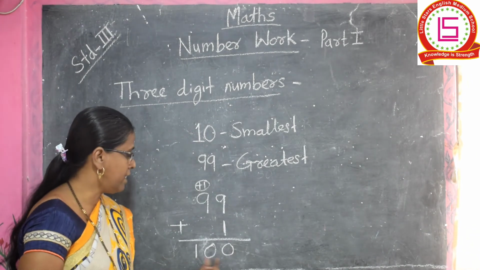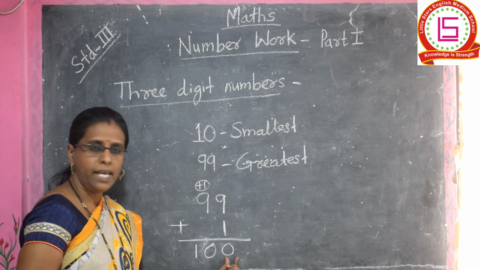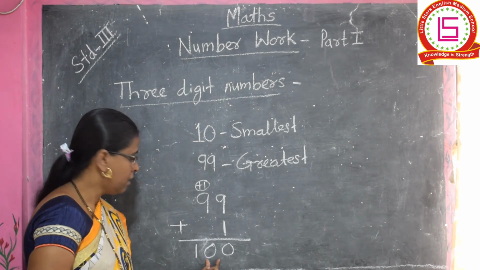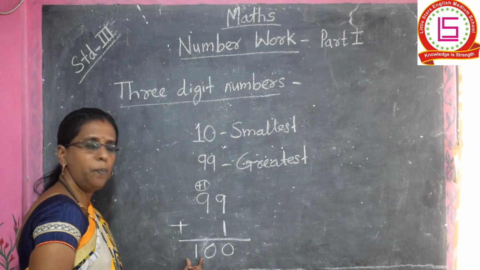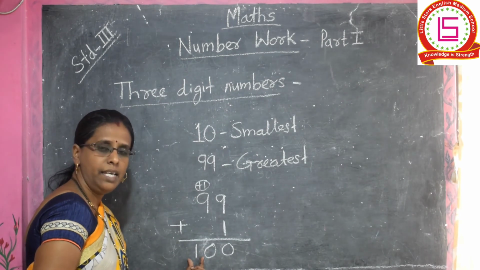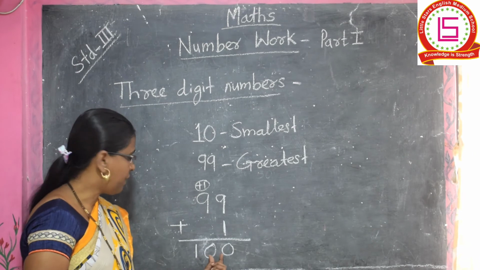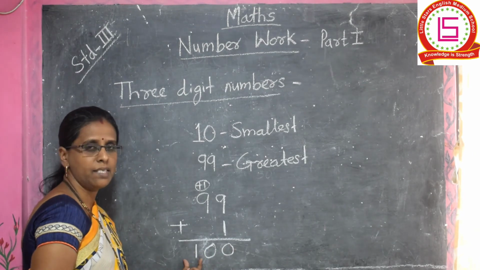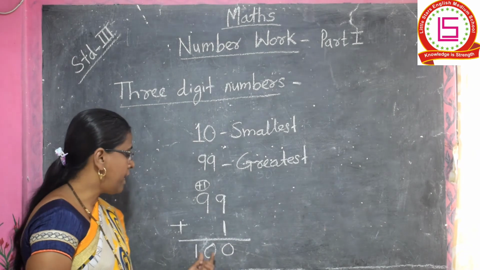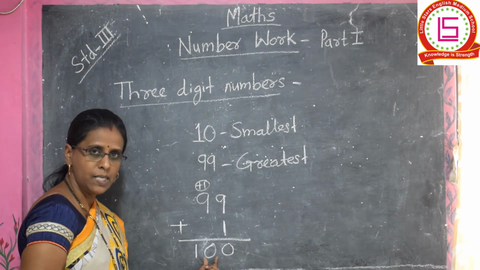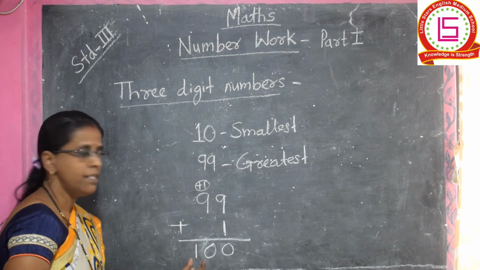In this number, this is the unit place, this is the tens place, and we get a new place, that means the 100 place. After the tens place, the 100 place is here. Here 0 is at the unit place, the second 0 is at the tens place, and 1 is at the 100 place.